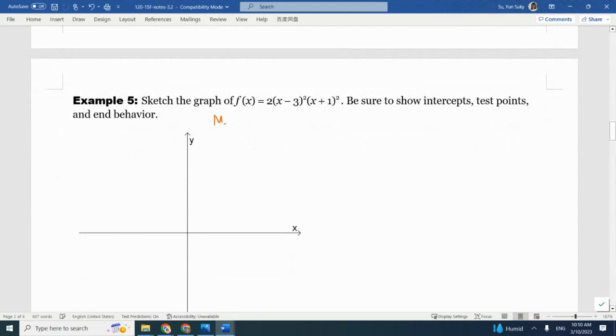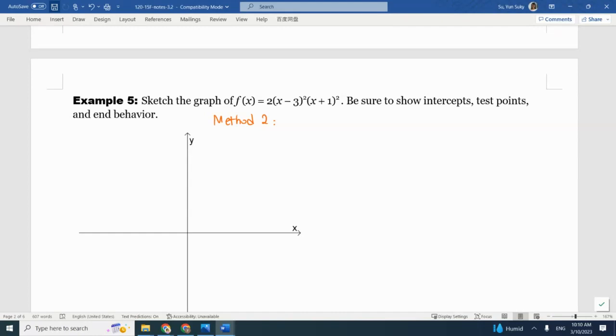Here we're using method 2. And from now on, I hope you can stick with method 2, because in general, test point is only good for easy problems. If you have a complicated problem, you don't want to plug all those test points into the function. It takes a lot of time. So in general, we'll do method 2. I would say that's easier.